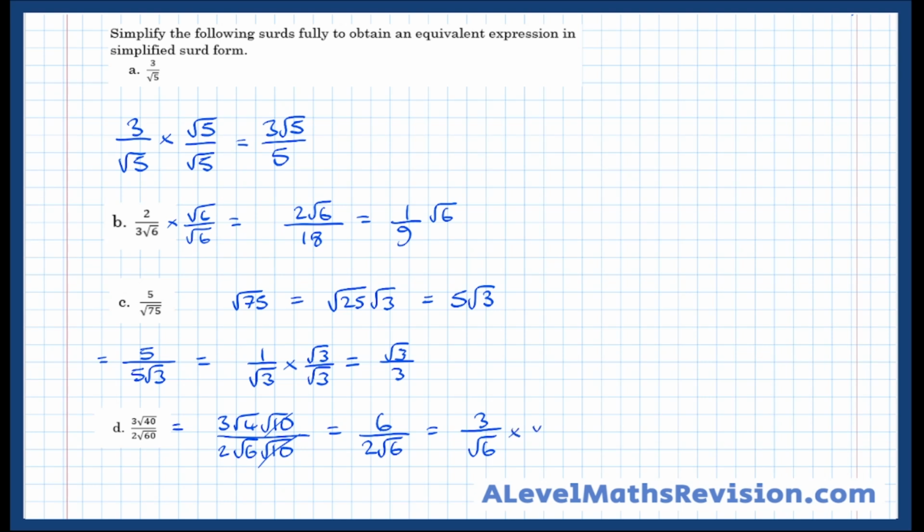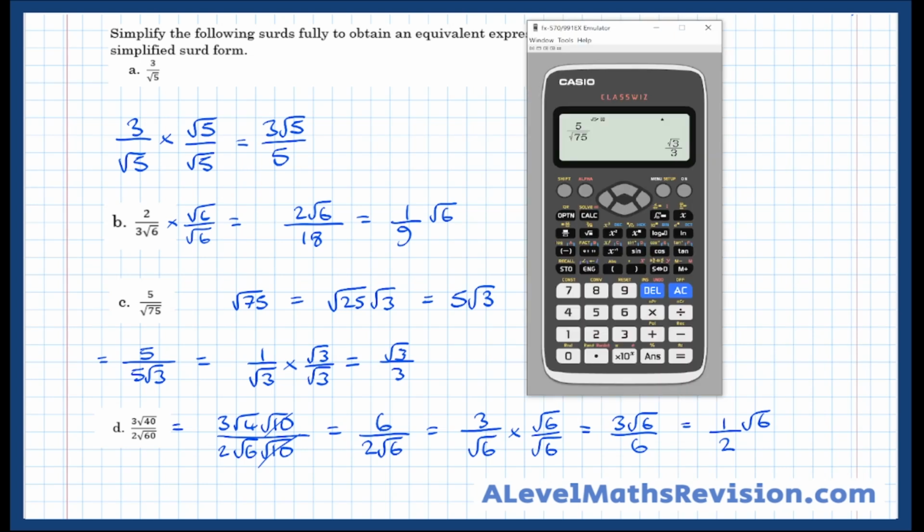And now we're ready to rationalise the denominator. And to be fair, we were ready in the first place, but this has just made it a lot easier. Equals 3 root 6 over 6, equals, divide top and bottom by 3, we get 1 over 2 rather root 6.